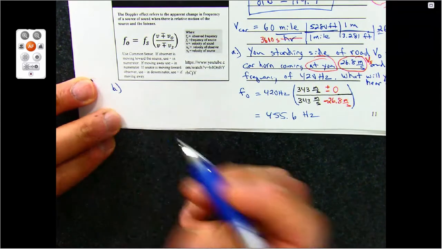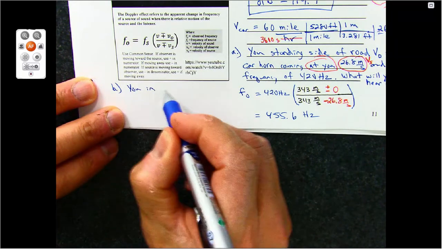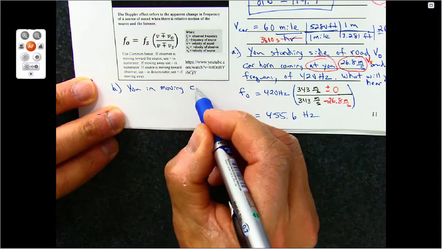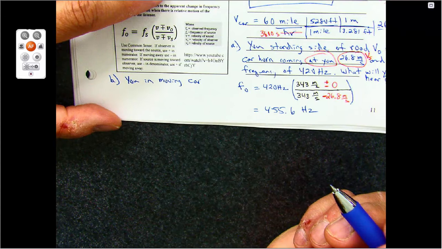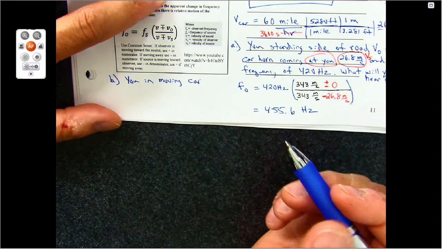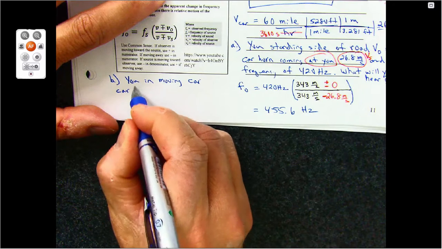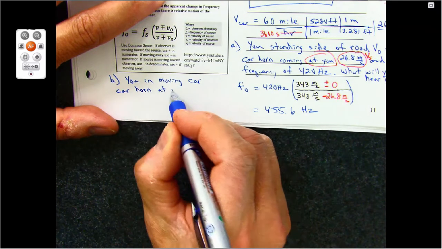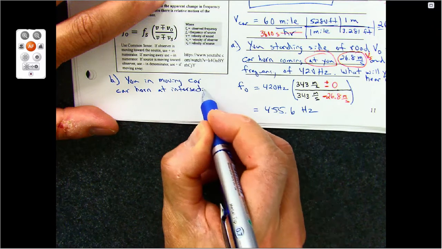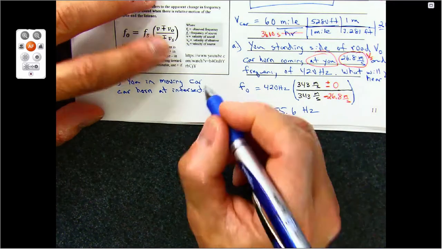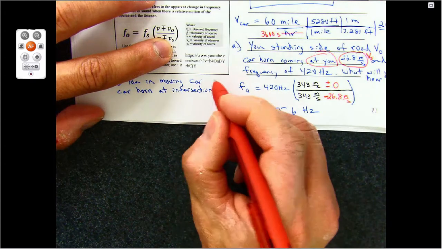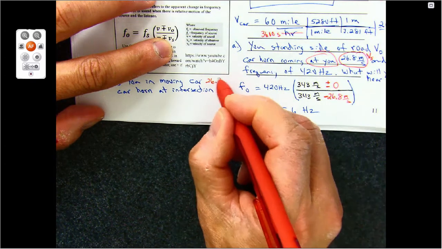Okay. Now, what if we did this? What if we did you in a moving car, with a car horn at an intersection, and you're moving at 26.8?